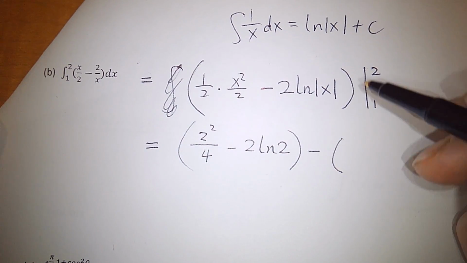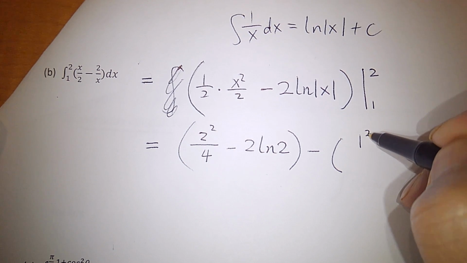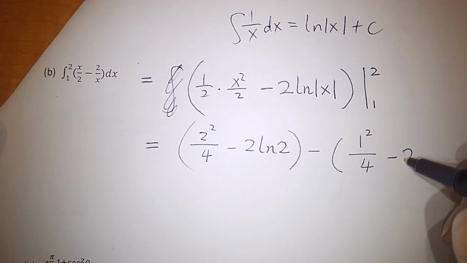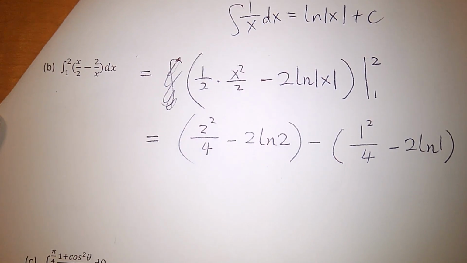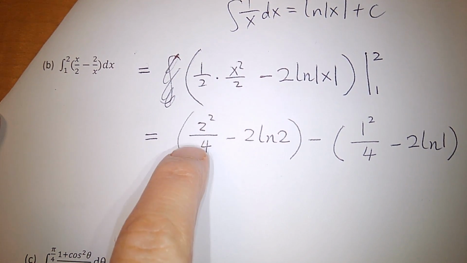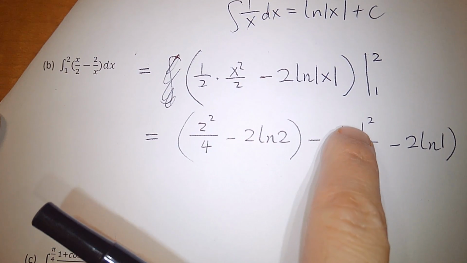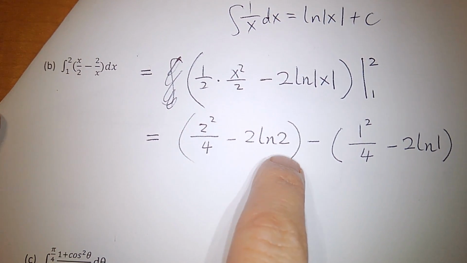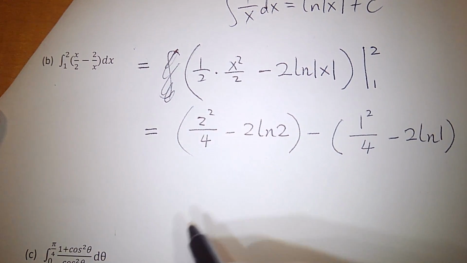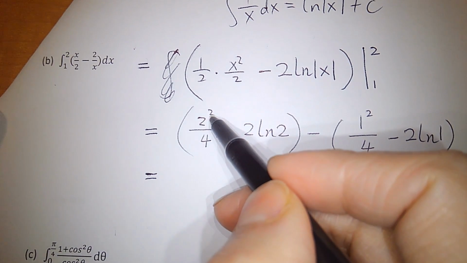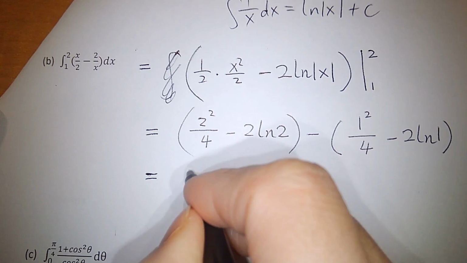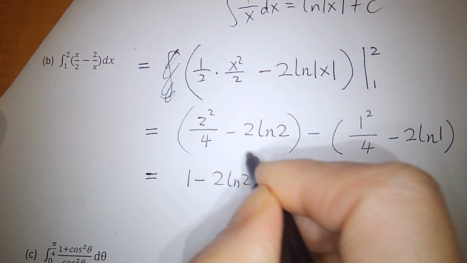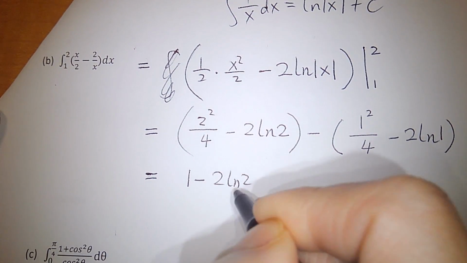Minus, x equals 1, 1 squared over 4 minus 2 times ln of what? 1, right? And then 2 squared is 4, right? 4 over 4 is what? 1. 1 minus 2 ln 2, this is a constant, 2 times ln 2 is a constant, okay?